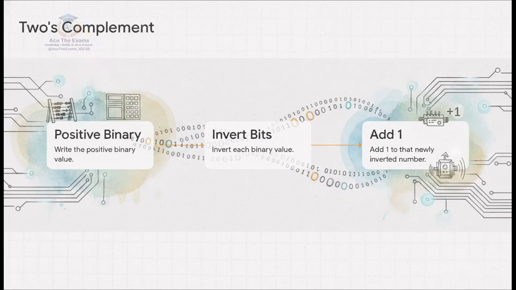Let's say we need to represent negative 67. Step 1. You write out the binary value for positive 67. Step 2. You invert every single binary bit, so every 1 flips to a 0 and every 0 becomes a 1. And finally, step 3, you simply add 1 to that newly inverted number. I know, it sounds a little abstract when we just say it, so let's map it out visually.